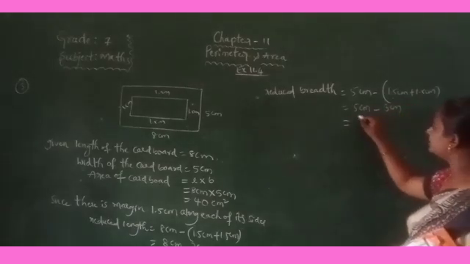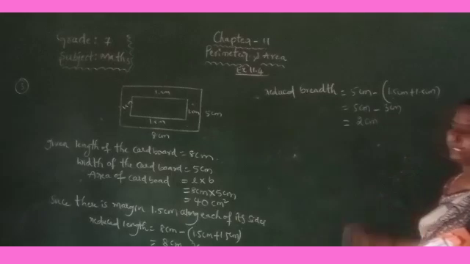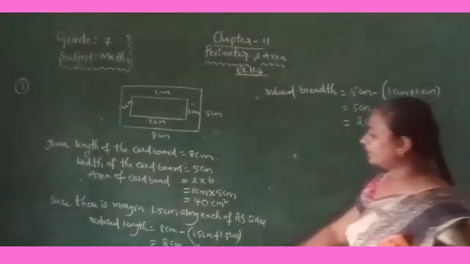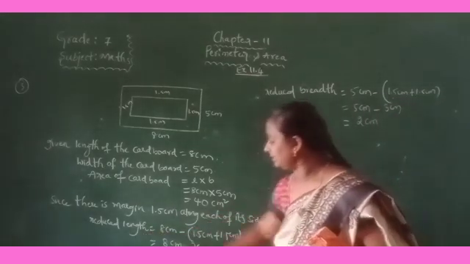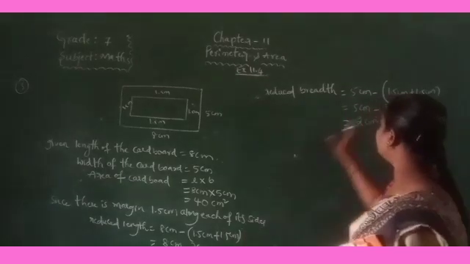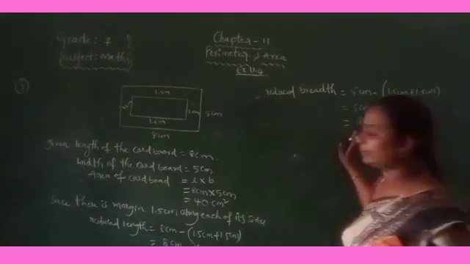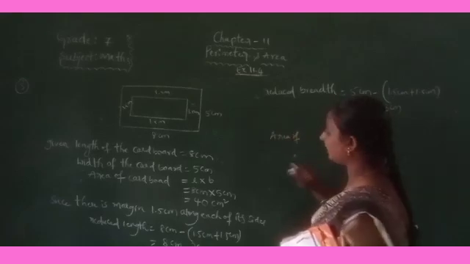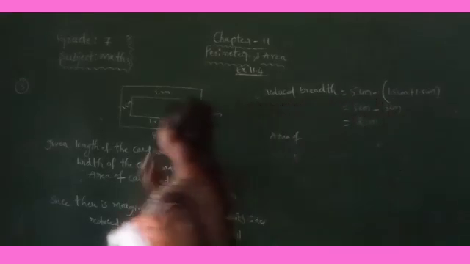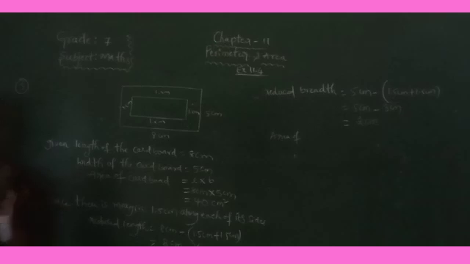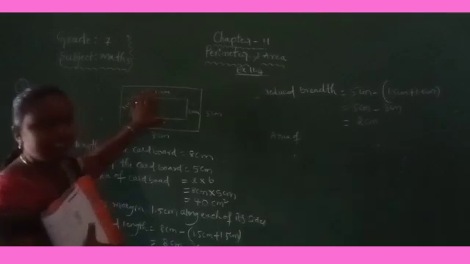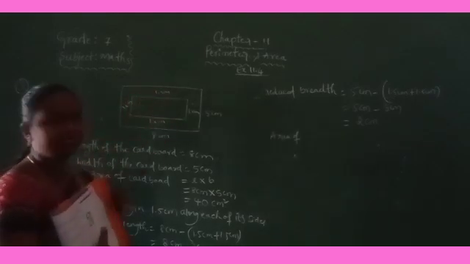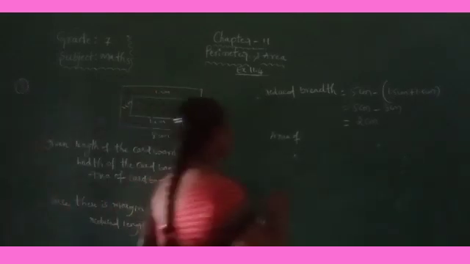After subtracting, you get 2 centimeters. Now we have the reduced length and reduced breadth. We have reduced the inner side of the cardboard, length and breadth. So that one you write.